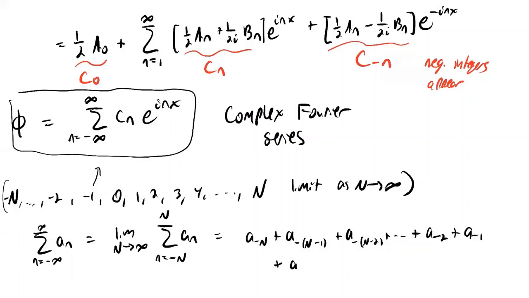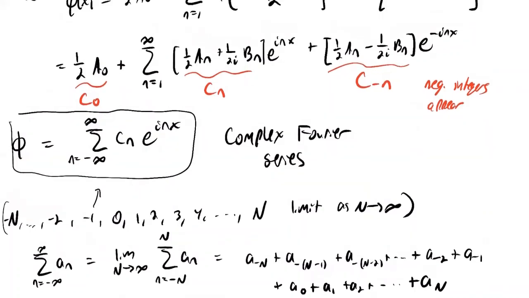And then you add on the usual terms for the sum, a0 plus a1 plus a2, and so on up to a_N. So you're just shifting the indices to allow negative integers also. And this infinite sum from n equals minus infinity to infinity is defined as the limit as I let capital N grow larger of this quantity. So that was just a little aside if you haven't seen this notation before.